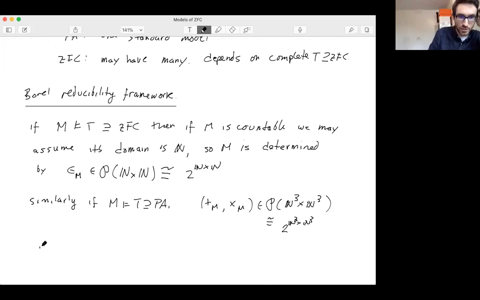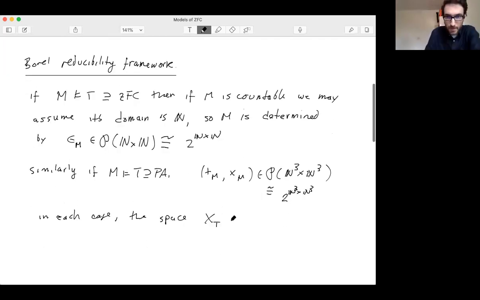So in each case, the space of countable models of T, which I'll denote X sub T, inherits this product topology.